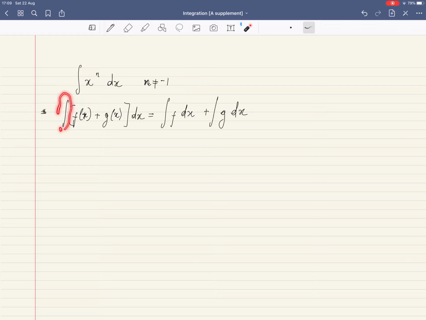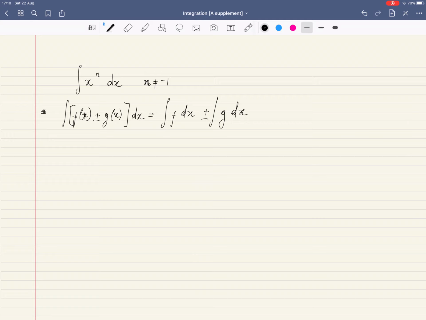Effectively, this operation is distributive over the sum. The same is true for the difference. The integral of the difference of functions is also the same as the difference of the integrals.